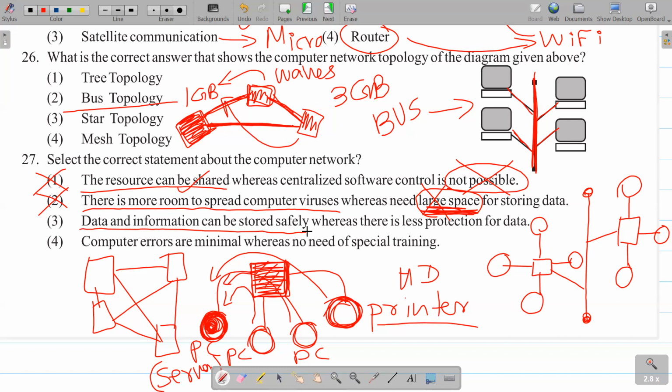So it is a positive side of the network, the safety. And as the previous point says, if a virus attacks, it will spread all over the network in no time. So that means it's a disadvantage. So protection can be argued both ways, as an advantage as well as a disadvantage.